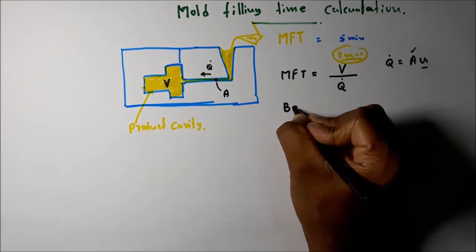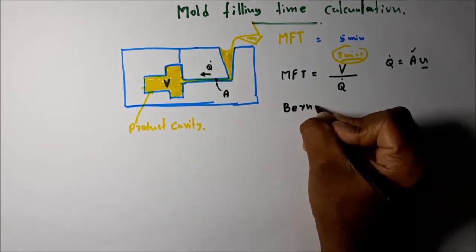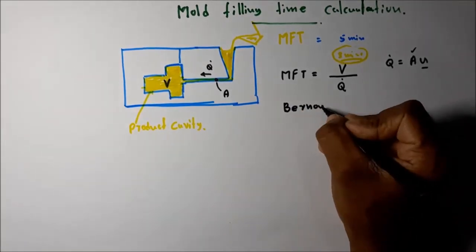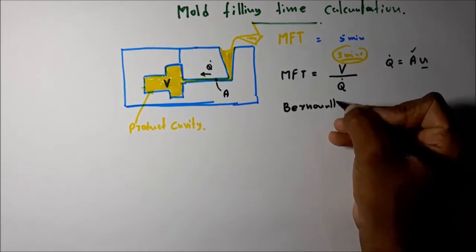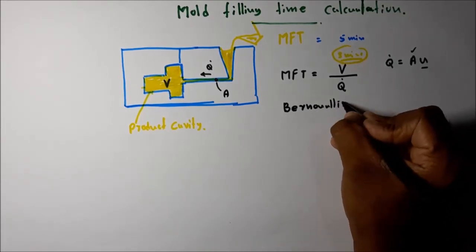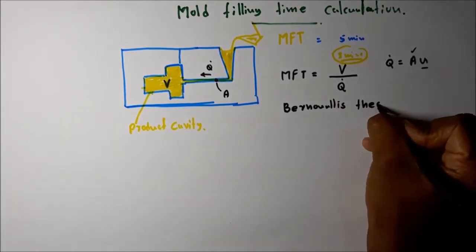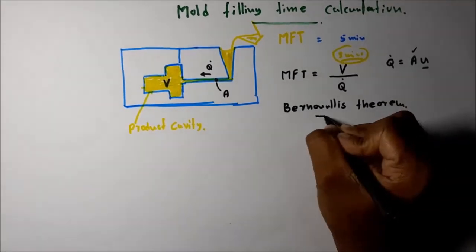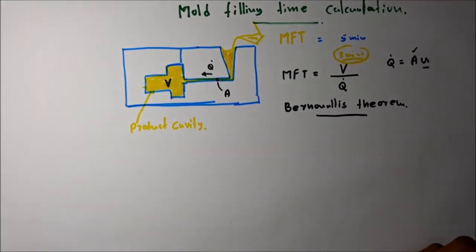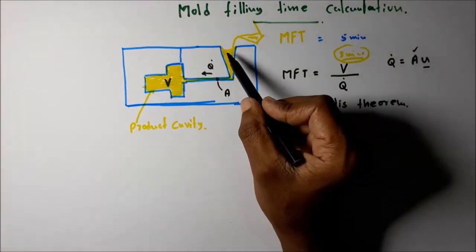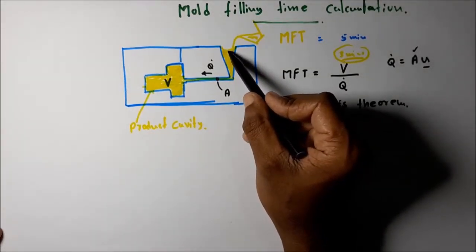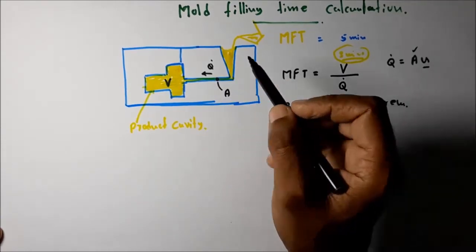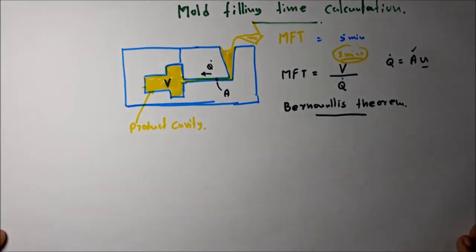You may have learned Bernoulli's theorem in your A level. We are going to apply Bernoulli's theorem to this continuous, incompressible flow. We can apply it at two distinct points.